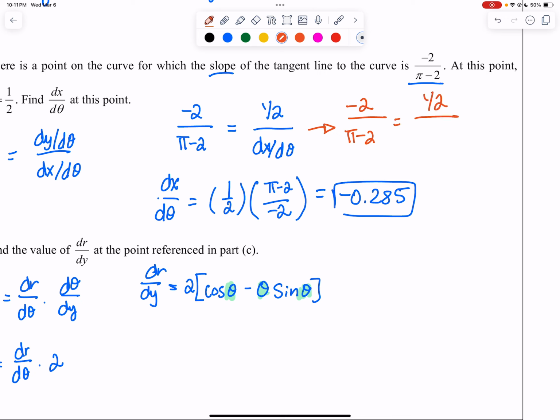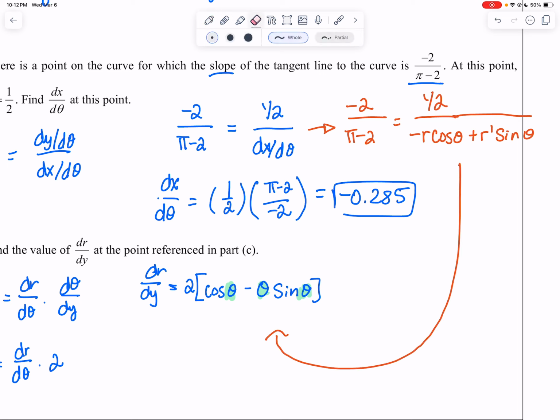Remember that it is negative r cosine of theta plus r prime sine theta. That is going to help us figure out what theta is.